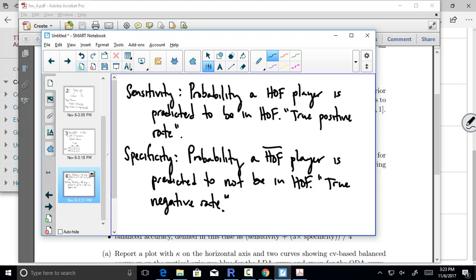But in that case, I would have 0 specificity, because for all the people who are not in the Hall of Fame, I still predicted Hall of Fame. And you could go to the other extreme by always saying no. You'd have perfect specificity, but perfectly wrong sensitivity. Tuning a predictive model is about finding a good balance between the different error rates.